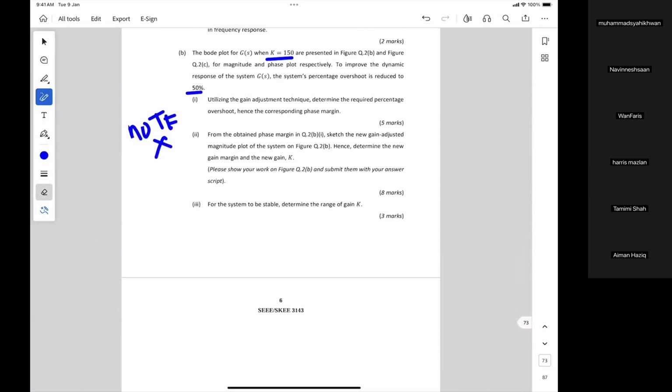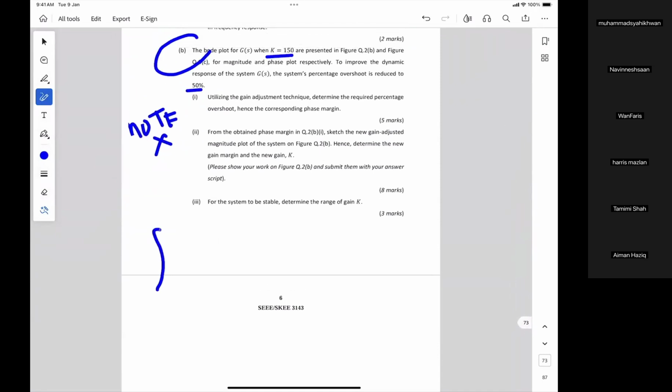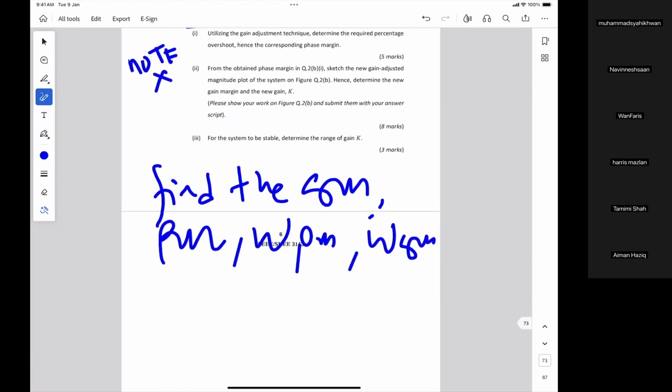First, find the gain margin, phase margin, omega PM, omega GM from here.